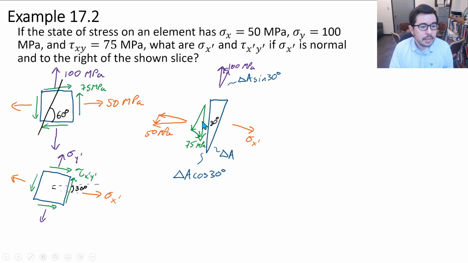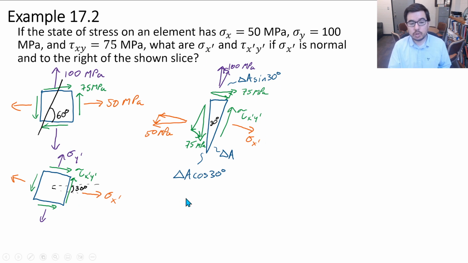This shear stress here is this shear stress here. See that? So these are the original tau xy, that's the 75 megapascals. And the shear stress we're interested in figuring out is this new one on this slanted face, tau x prime y prime.